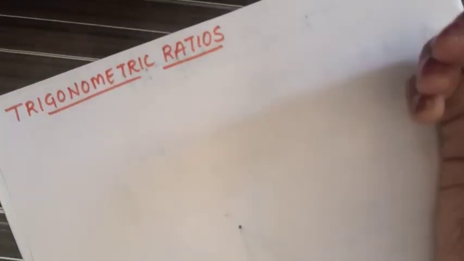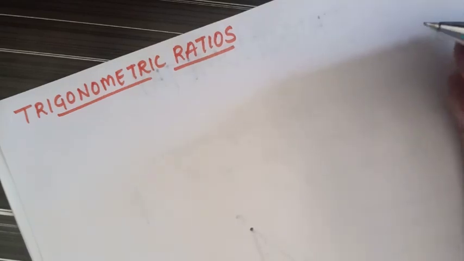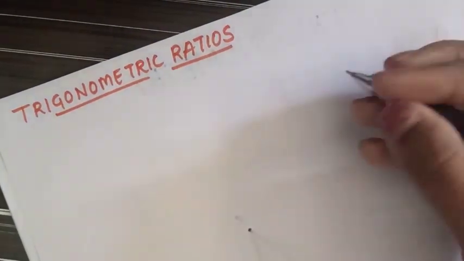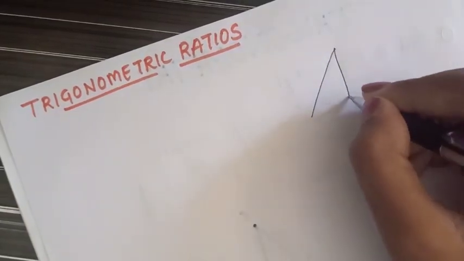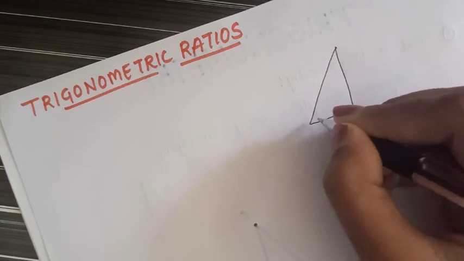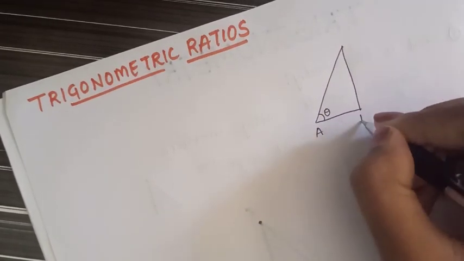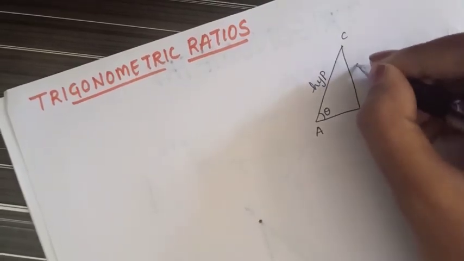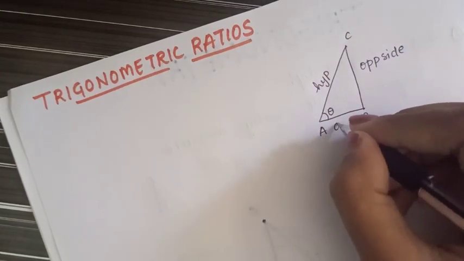After that we'll go to the trigonometric ratios. There are some ratios to find the angles or the sides which are unknown. We have a right angle triangle here, let us assume this angle to be theta, and the vertices to be A, B and C. This is the hypotenuse, this is the opposite side, and this is the adjacent side, right?